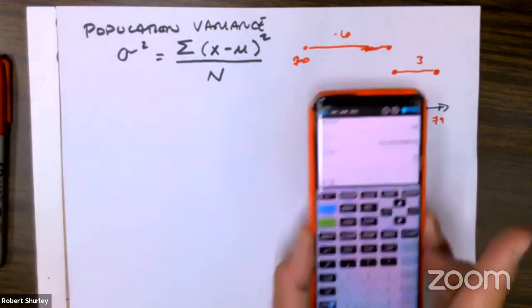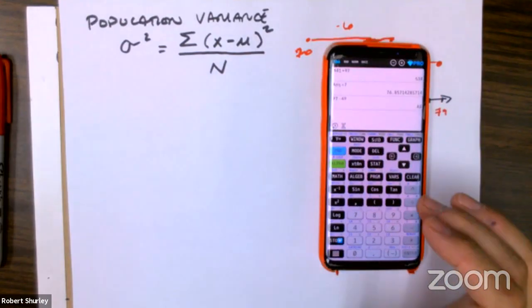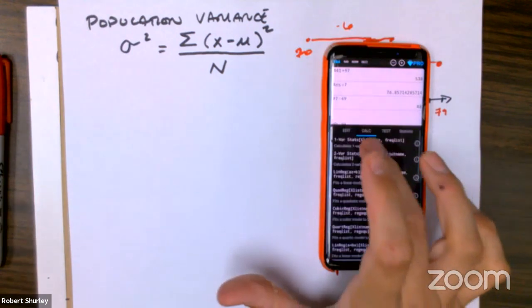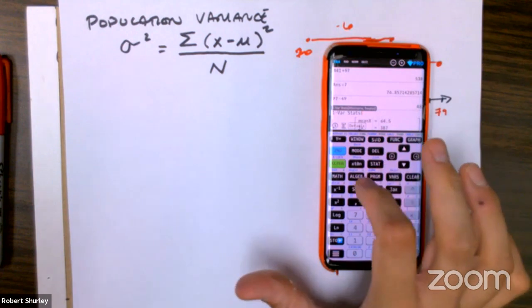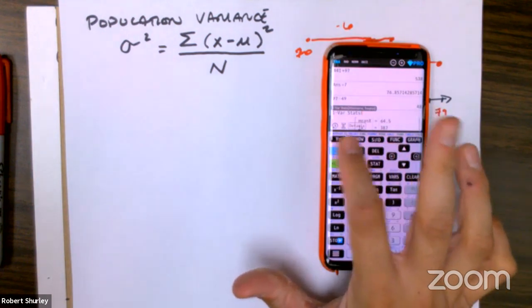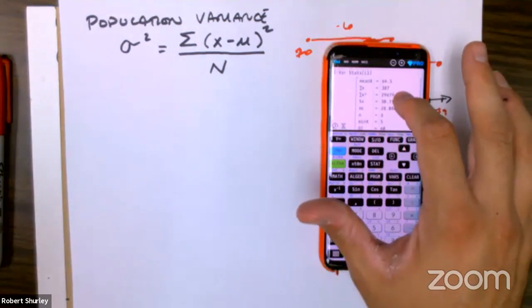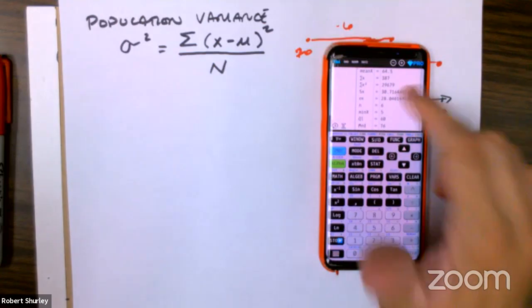Like if we go back to this TI calculator, which you guys can kind of see. So if I go back in here and I go back to stats and I go back to one variable statistics, and I'm going to use the same list, list 1, enter, you'll see, I think that's right.